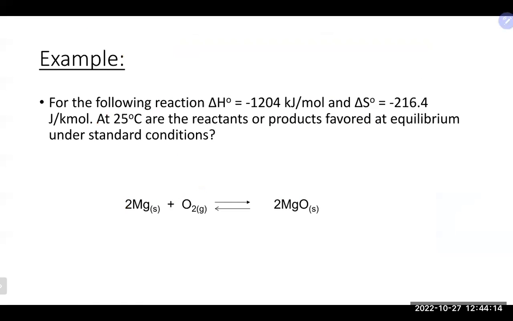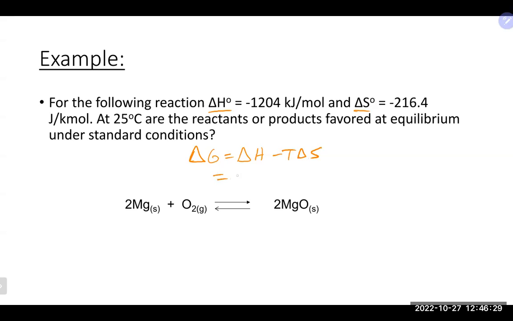All right, so let's try one here for the following reaction. Delta H is minus 1204. Delta S is minus 1216. At 25 degrees, are the reactants or products favored at equilibrium under these conditions? Okay, so once again we have H and we do have S given to us, so I'm going to use the equation that has both of those in it.